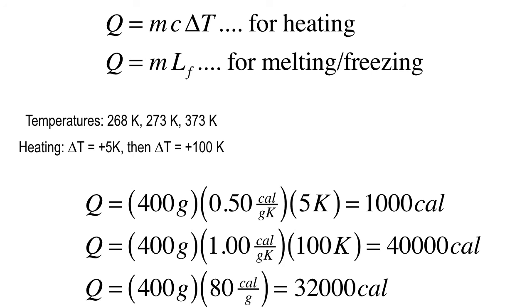So now the total heat budget, which is the terminology I usually use on a heat, melt, heat problem, is 73,000. 41 plus 32 is 73. So here's your answer.